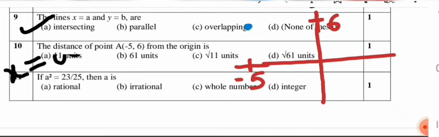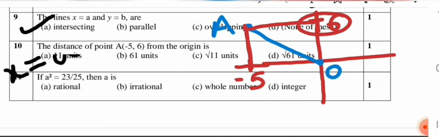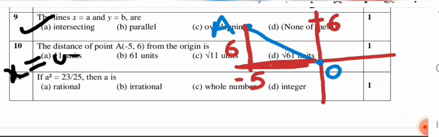So this will be our point A, location on the graph. Now we need to find distance of this point from origin. This is origin. Let us join. Now this distance we want to find, and we know this height is 6 as we have marked here 6. So this is going to be 6, and this distance will be 5 because it's -5 here.